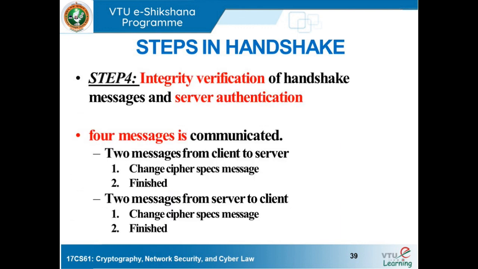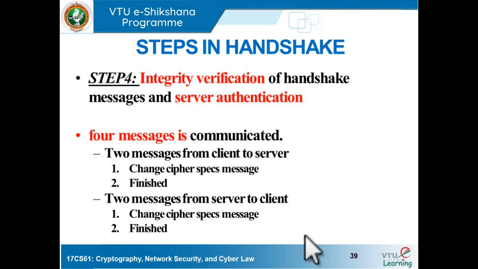Now let's look at what happens in step 4. After having understood what happens in step 1, wherein the client and the server are deciding on the protocol suite, and in the second step, the server is sending the server certificate and the client is validating or verifying the server's credentials.